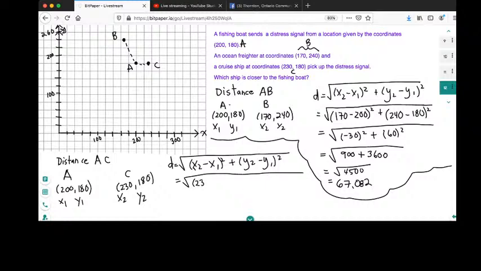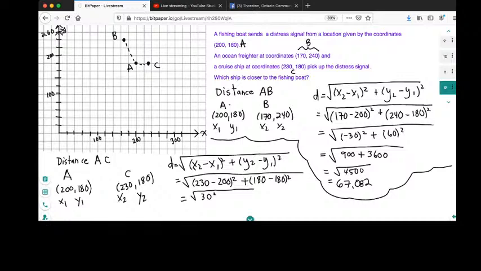So 230 minus 200 squared plus 180. Dang, is this really 180 minus 180? It is. Cool. That's fine. So 230 minus 200 is going to be 30 squared.